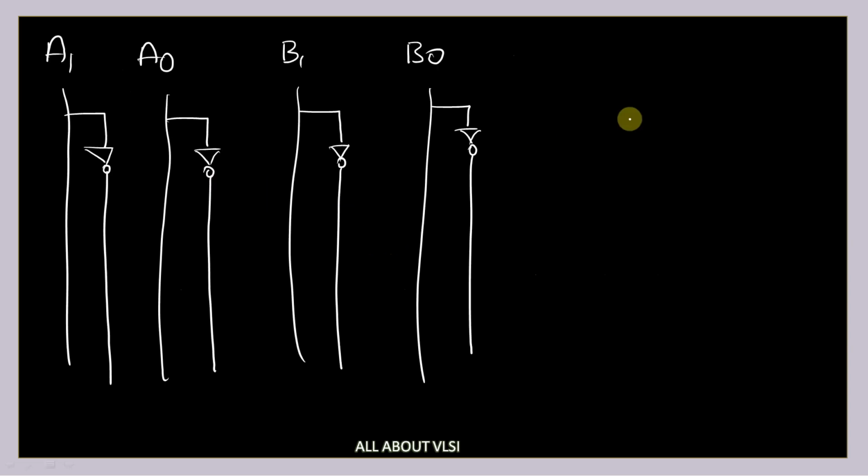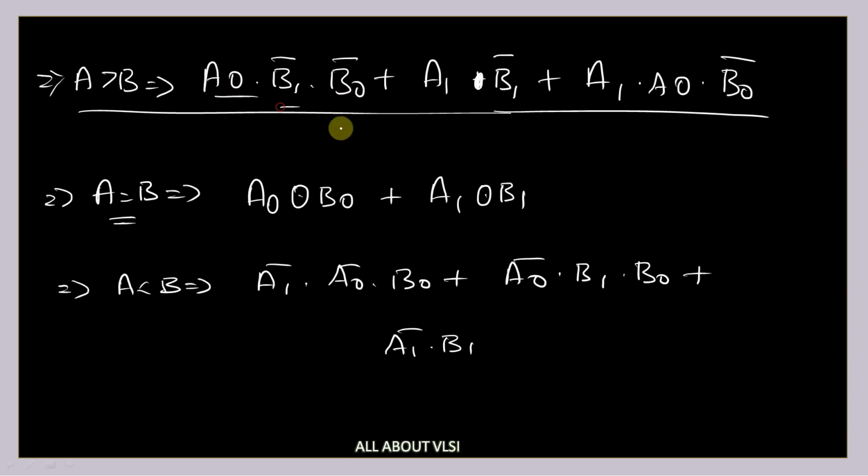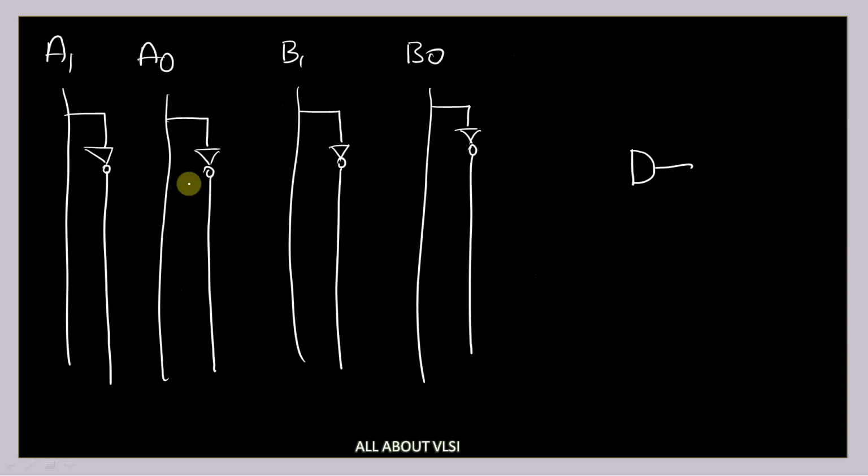So I'm going to have one AND gate. For this first AND gate, I'm going to connect A0 and B1 bar and B0 bar.